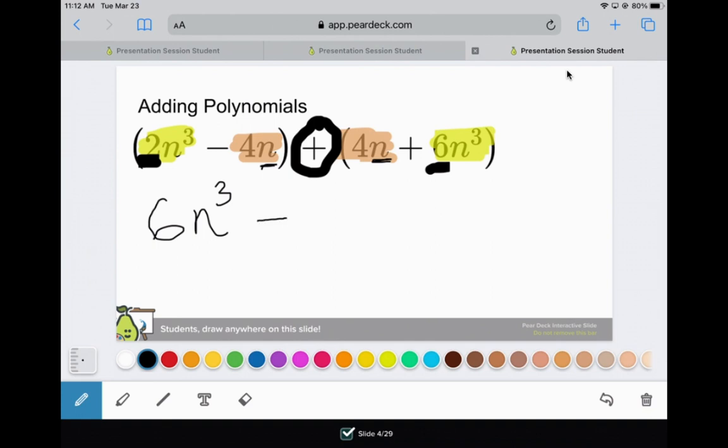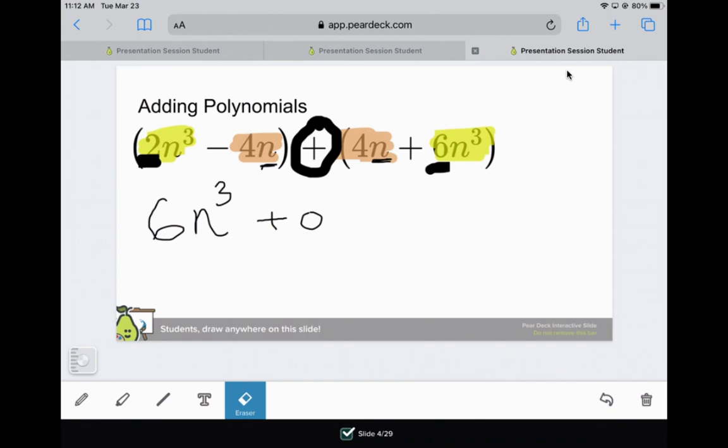So here's the option. You can put 0n, which you don't have to. If it cancels out to 0, then I can put 0, or I don't have to write anything. You don't want to put n because the n will cancel out when you add -4 plus 4 becomes 0.